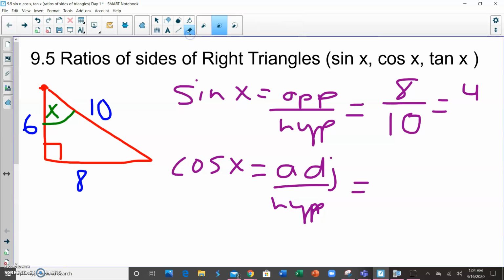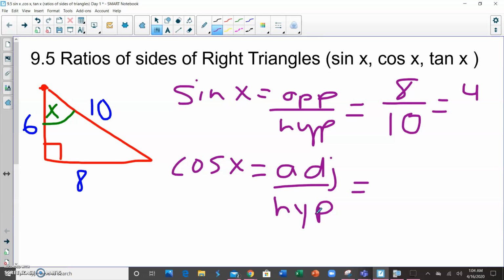Let me try something here and try and rewrite that because it's not very good. So HYP, there we go. And this is divided by 5.